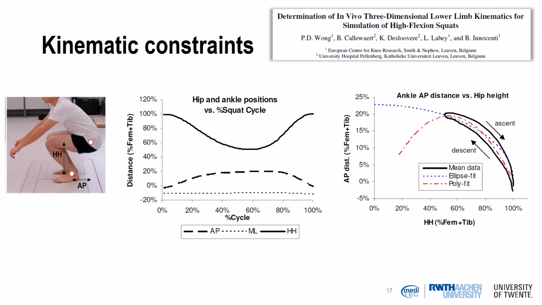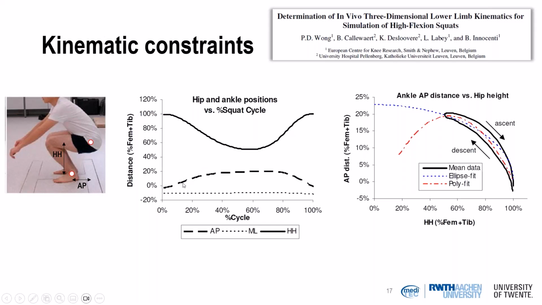So here in the left one, you can see how the hip moves relative to the ankle for a descent and for an ascent as a percentage of overall leg length, so the length of the femur plus the tibia. And during descent, you can see that hip height decreases, which makes sense, and during the ascent, it increases again.